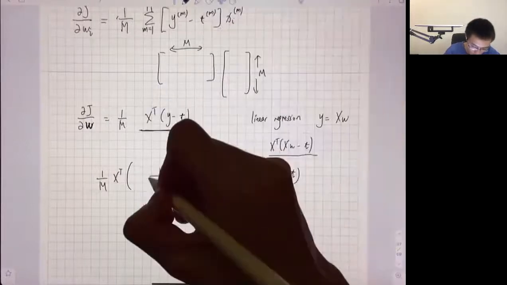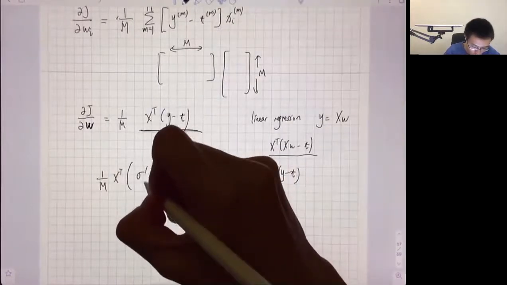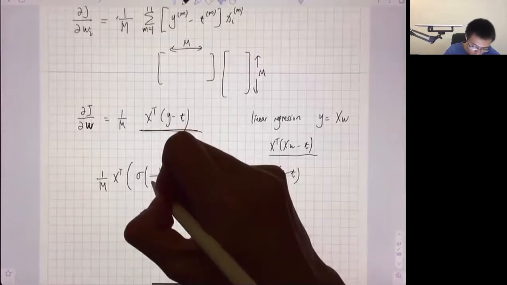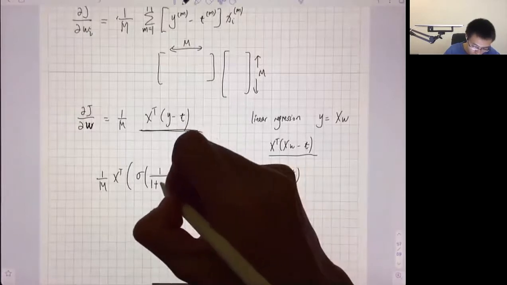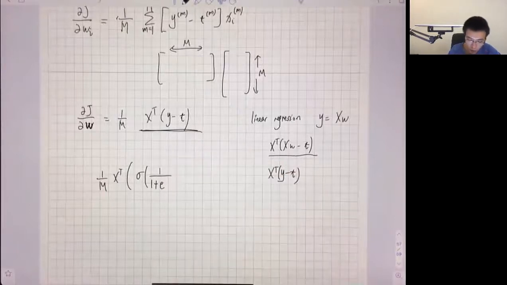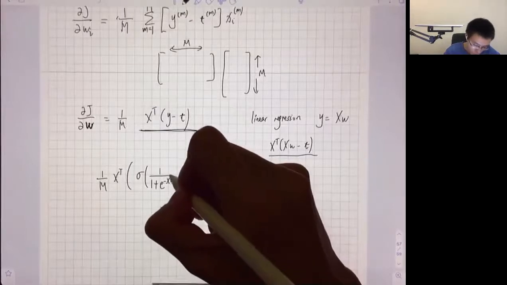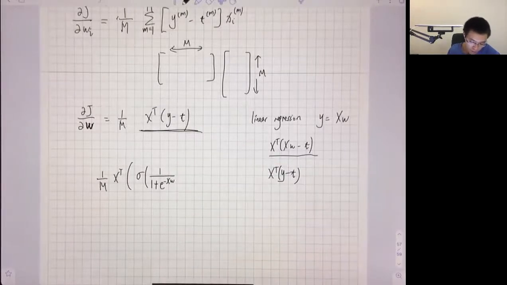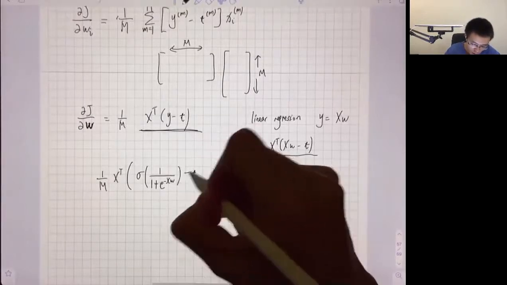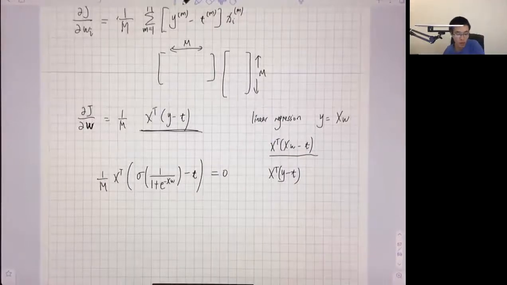So I would say it's actually sigmoid of one plus e to the power of xw, okay? Minus t, and I would like to set it to 0.